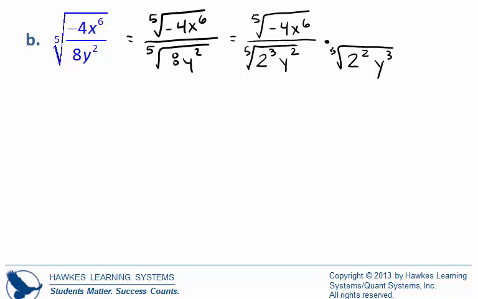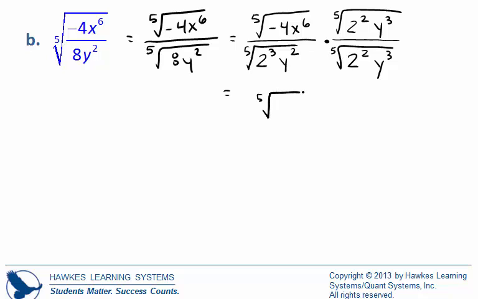And so we are going to multiply the top and the bottom of this fraction by this expression, the 5th root of 2 squared times y to the 3rd. So let's look at what that does on the top.